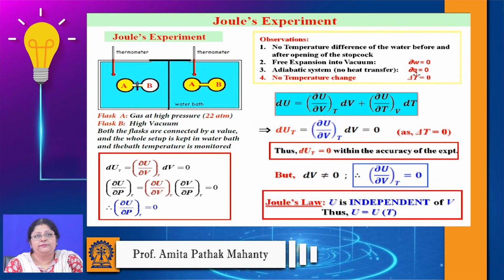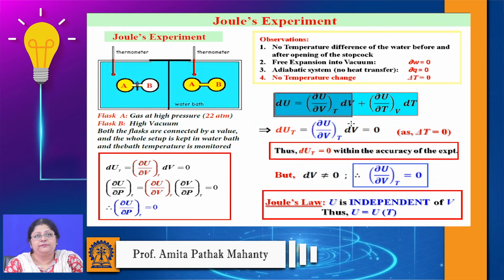If there is no change in temperature, that means there is no change in internal energy, so the entire thing should be 0. He has not seen any temperature change, so this can be 0. U is a function of temperature, so if there is no temperature change, this part should now come to 0.